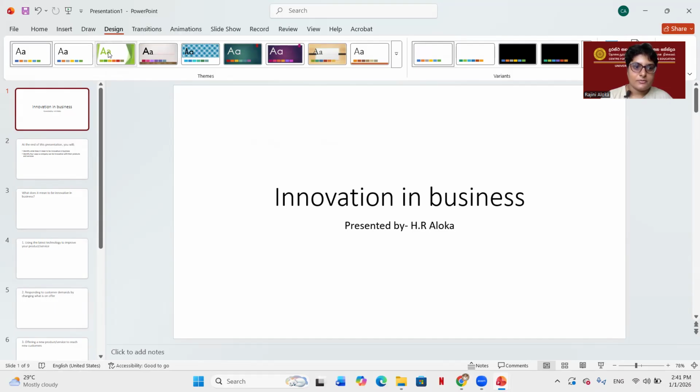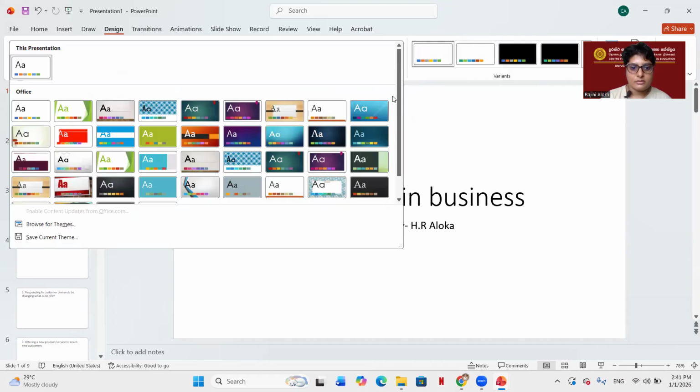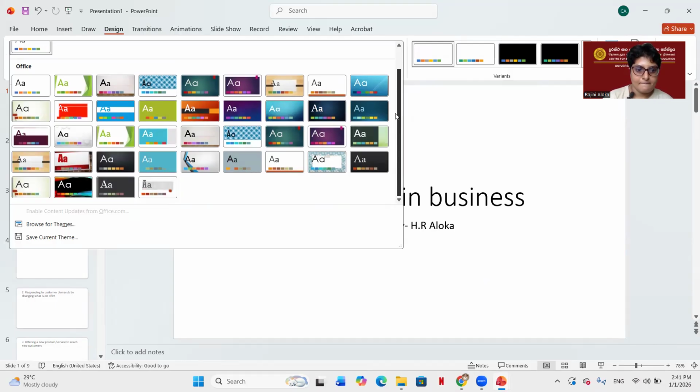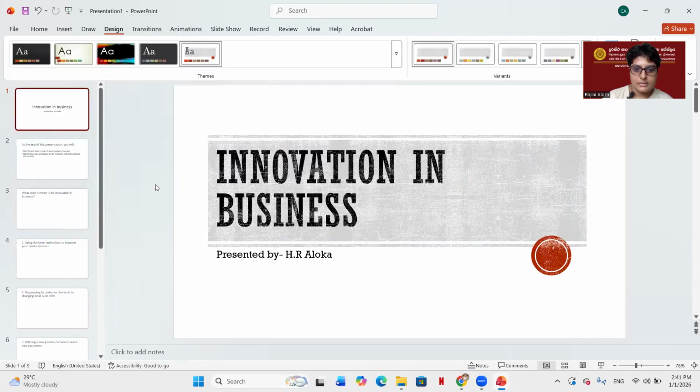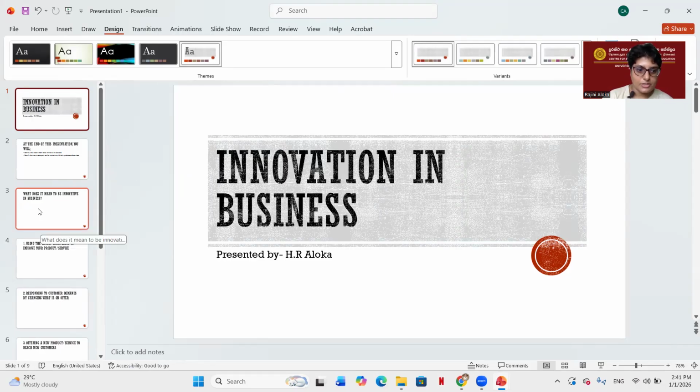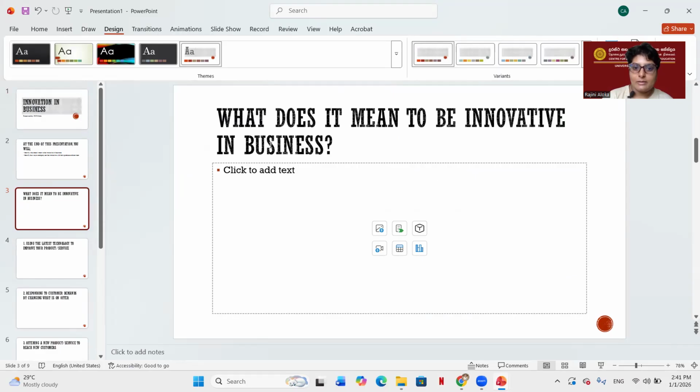For now, I'm going to add something like this. So add the design, and you can add some photos, pictures that will help you.